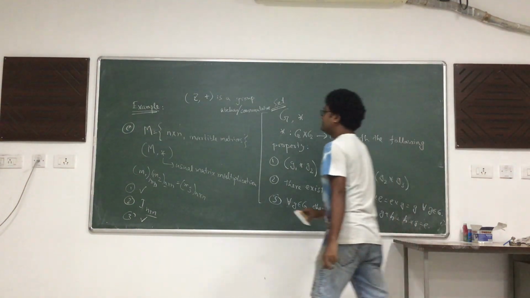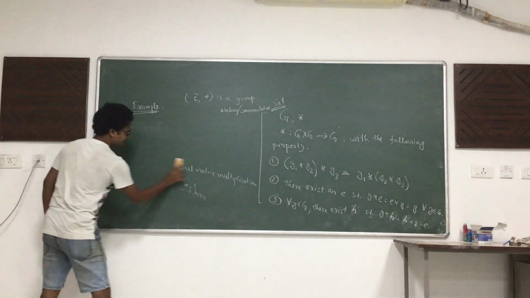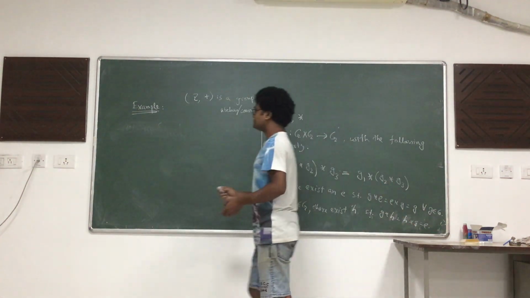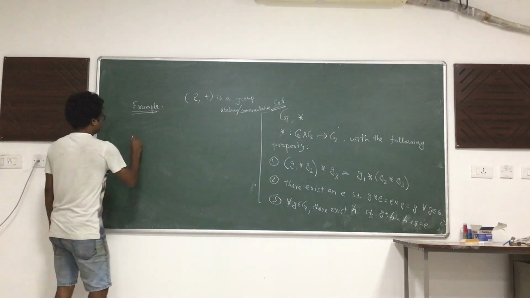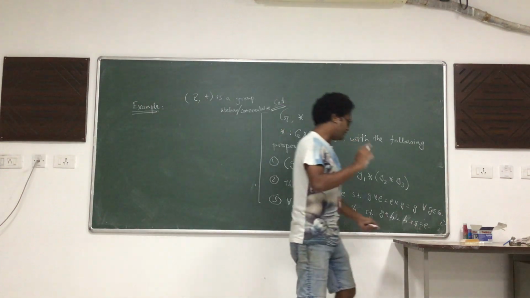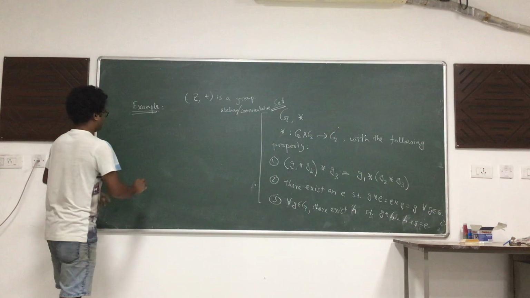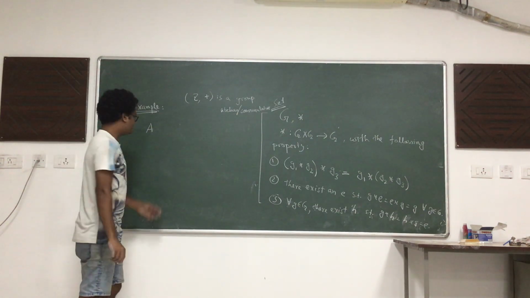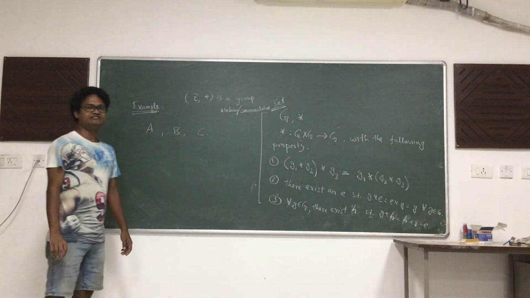Another interesting example could be the composition of functions. We did not discuss composition of functions earlier, so now we will discuss it. Let us say we have a set A, another set B, and another set C. Let's say there are three sets.